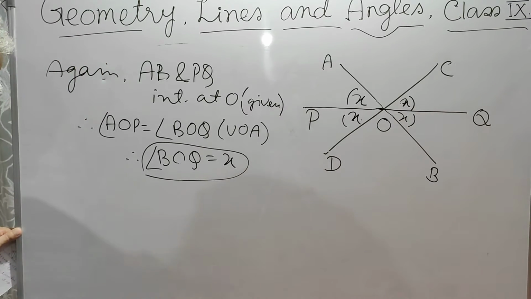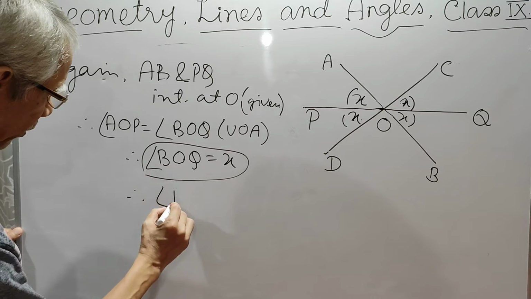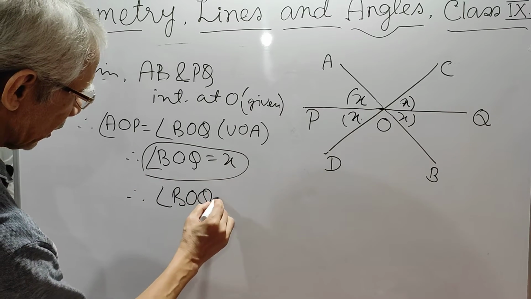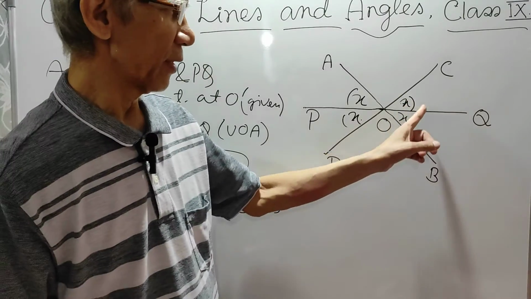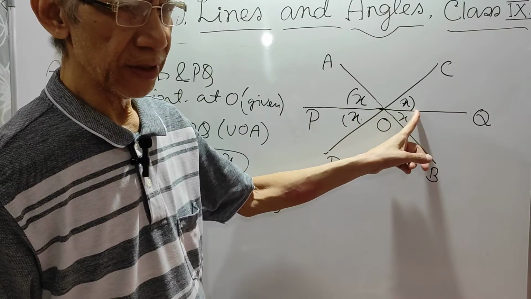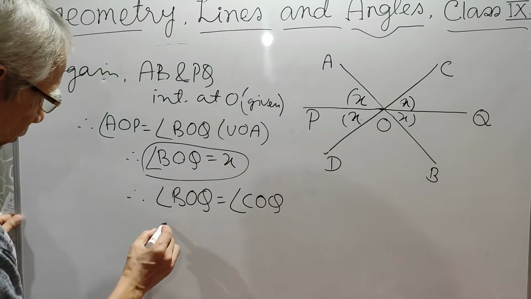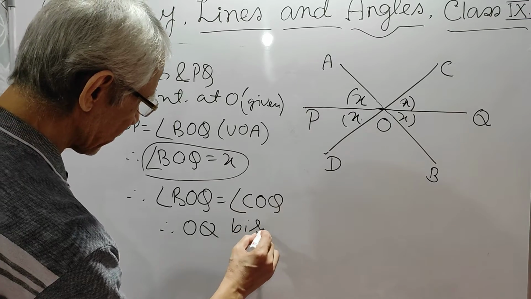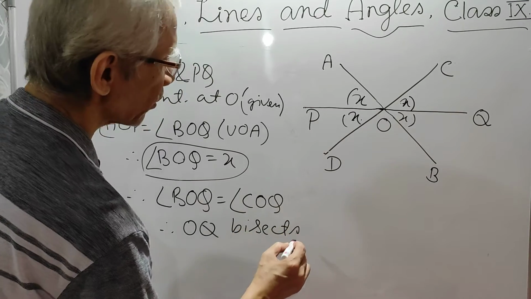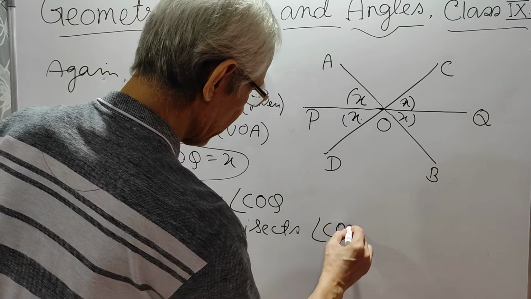So these two angles are equal. Why? Both of them are X each, isn't it? Therefore OQ is a bisector of COB. OQ bisects angle COB, proved.